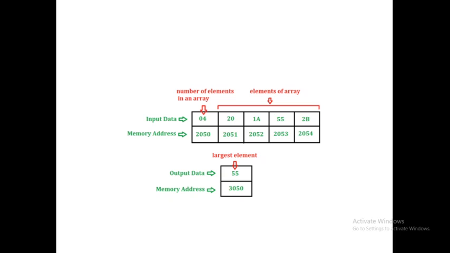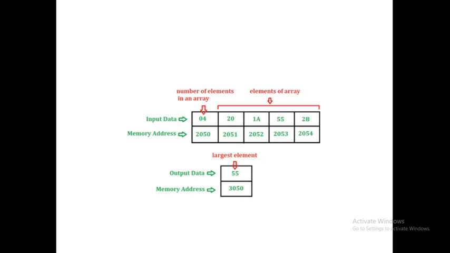So what we have to do is compare, and how many times? If the number of elements is 4, then we compare n minus 1, that is 4 minus 1, equal to 3 times. First we take 20, then another number 1A, and compare 20 and 1A.